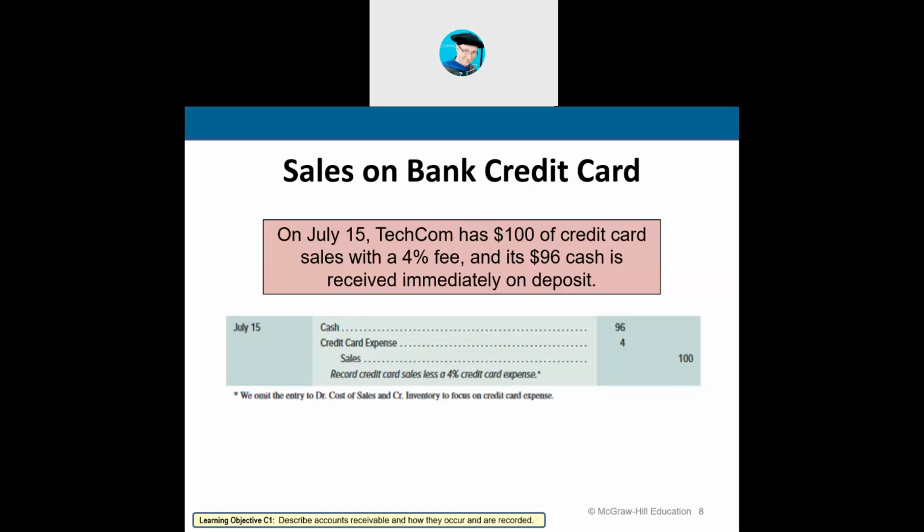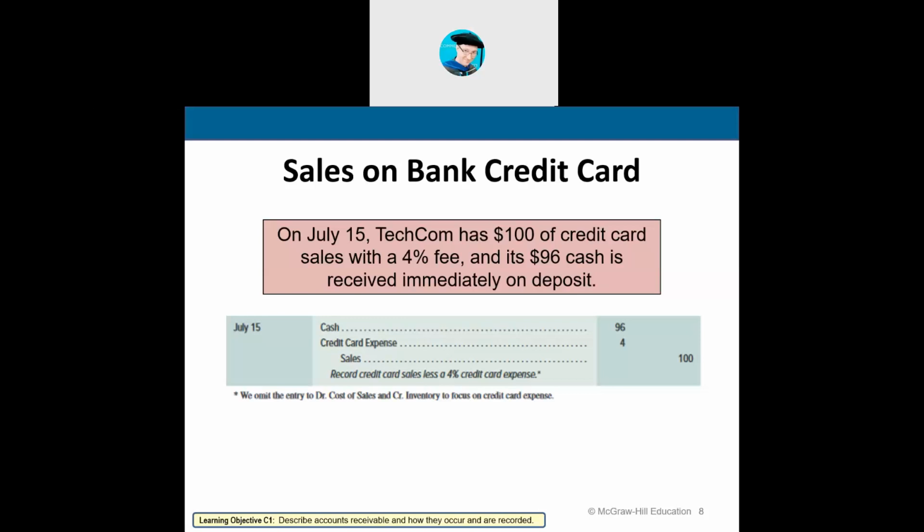So that's 4% of the total sale. If the total sales comes to $100, the store will receive $96 in cash. There's a $4 fee because it's 4% of the total sale. So we debit cash $96, because that's how much cash we actually got from that sale.